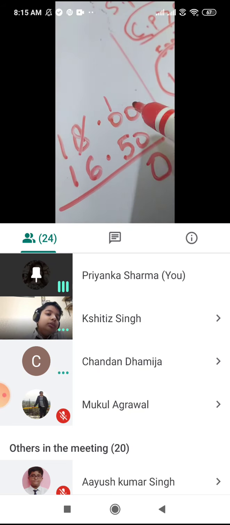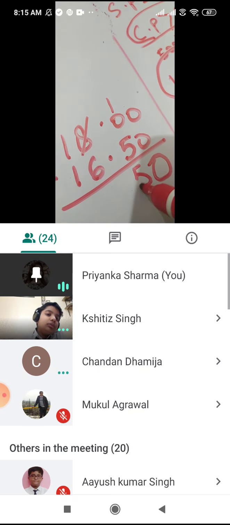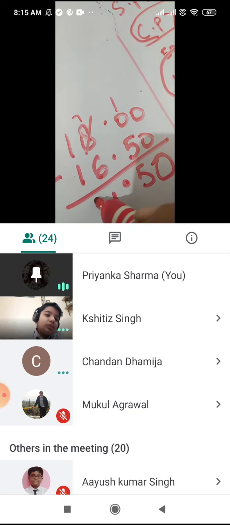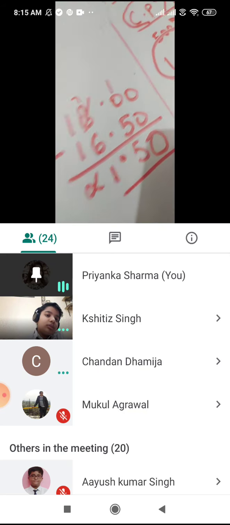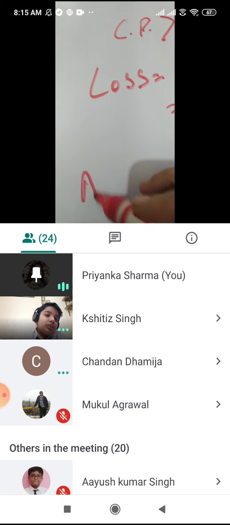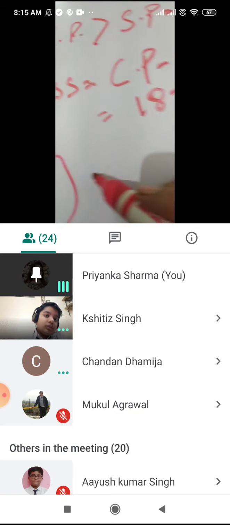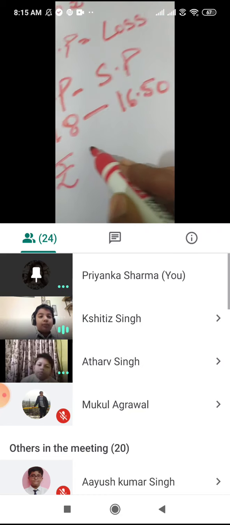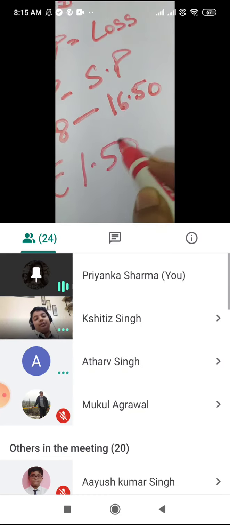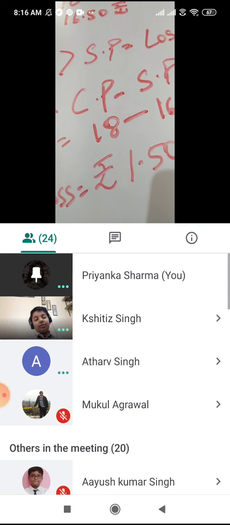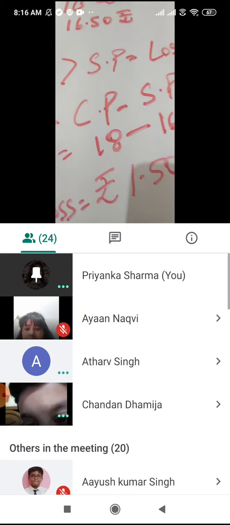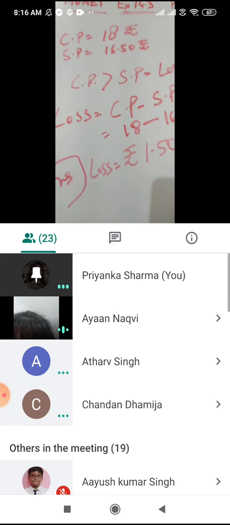Borrow from here. 10 minus 5, 5. Decimal will come under decimal. 7 minus 6, 1. And 1 minus 1, nothing. 1.50. So, how much loss are we having? Loss is equal to rupees 1.50. Clear? Any doubt?